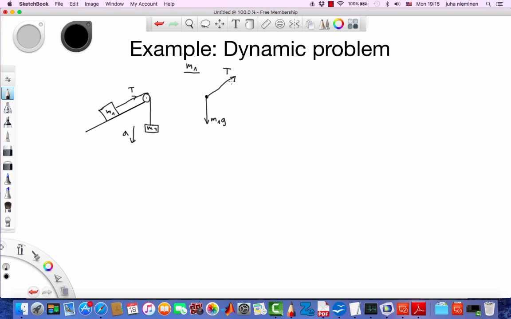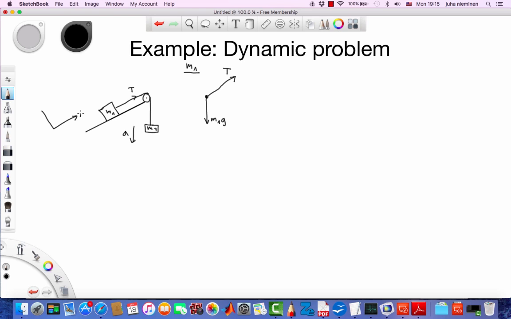Again, we have forces that are not perpendicular, so we have to divide one of them into its components. We can be smart about how we define our coordinate axes. When we have an incline, the most useful way usually is to use the incline as a reference.